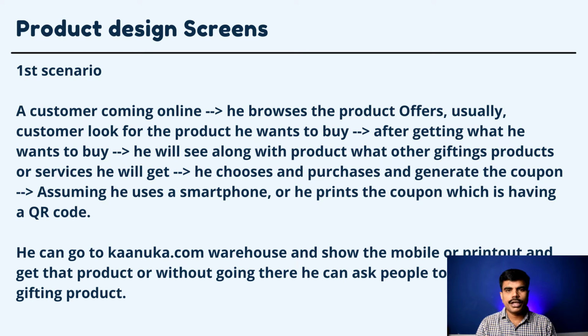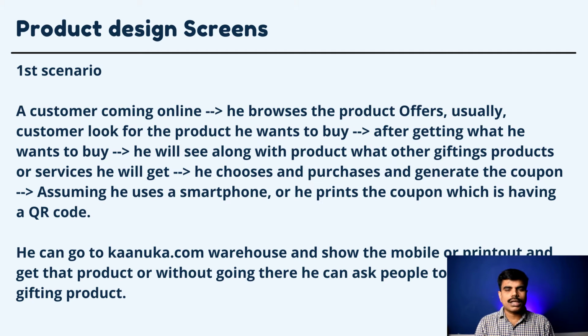For example, he needs a 55-inch TV, and he will look into the 55-inch TV, and after that he will look into what free item they are getting. So the same 55-inch TV has a campaign with many retailers, and they might offer different promotional gifting along with that 55-inch TV of a particular brand.